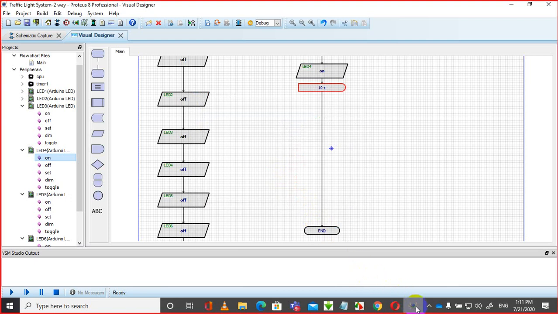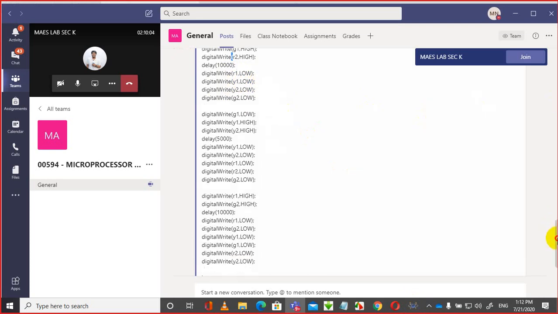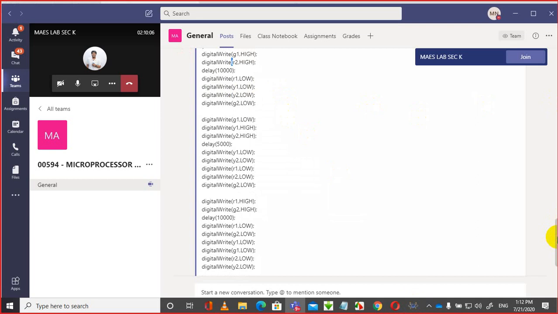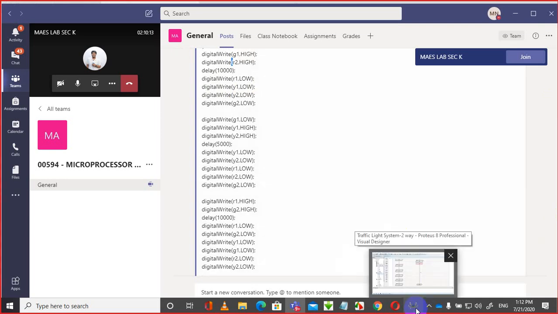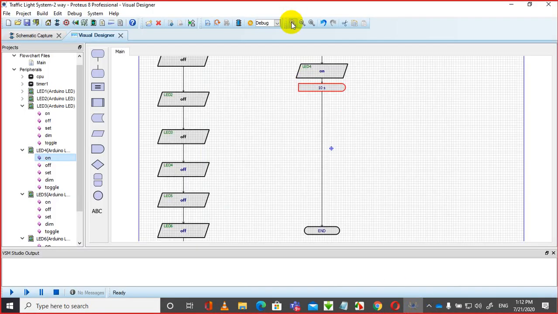Again, look at the coding. And then for the first lane, red is low. For the first lane, yellow is low. So red and yellow low for the first lane.